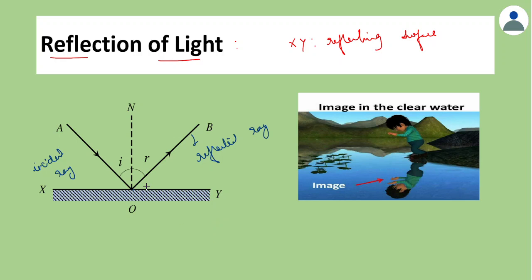Do remember that the angle of incidence and angle of reflection are measured only with respect to the normal. As seen here, you can see the image of a boy in the water surface. This is basically because of reflection.